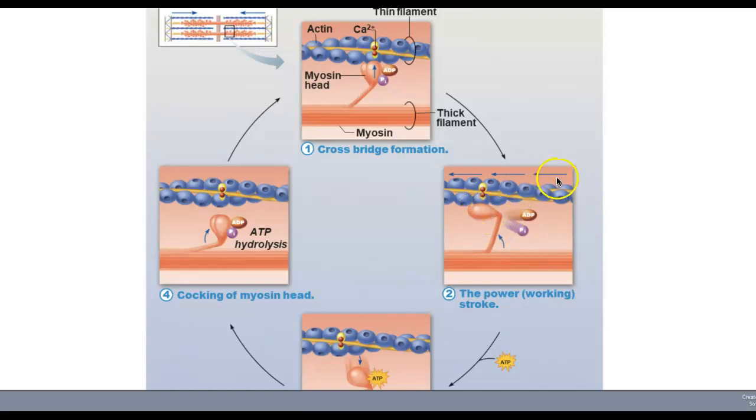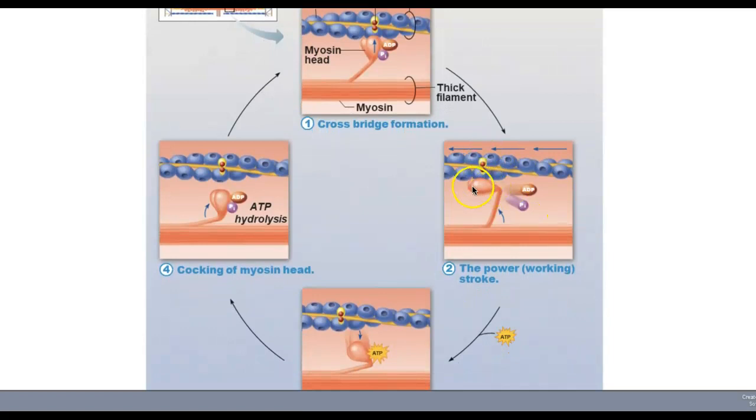The pivoting is what's sliding the thin filament one increment towards the M line of the sarcomere. Now we're looking at what's going on at the right-hand side of the sarcomere. So we see the arrow sliding to the left here. The M line would be somewhere over here. Keep in mind that this is also happening on the left side of the sarcomere, but in the opposite direction. So thin filaments are being slid from both directions. We're only seeing one direction here.